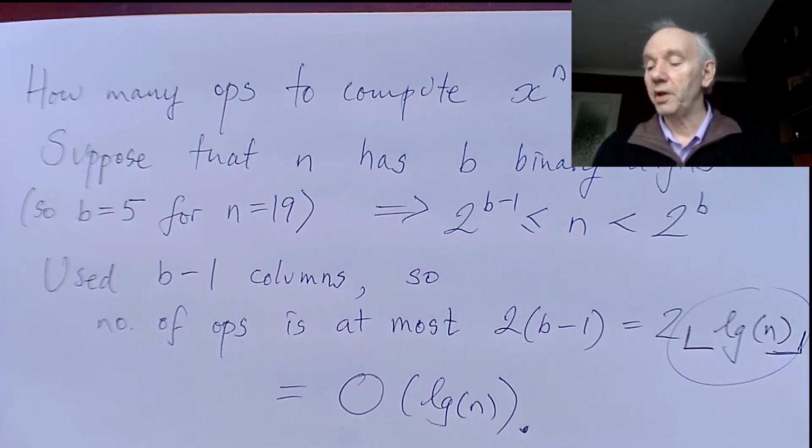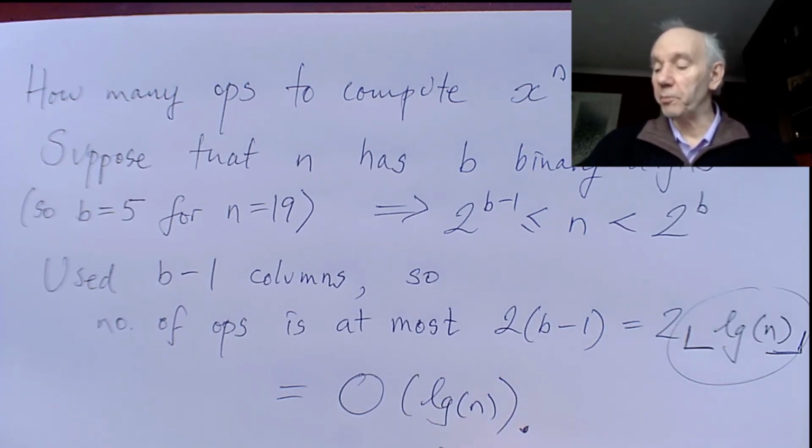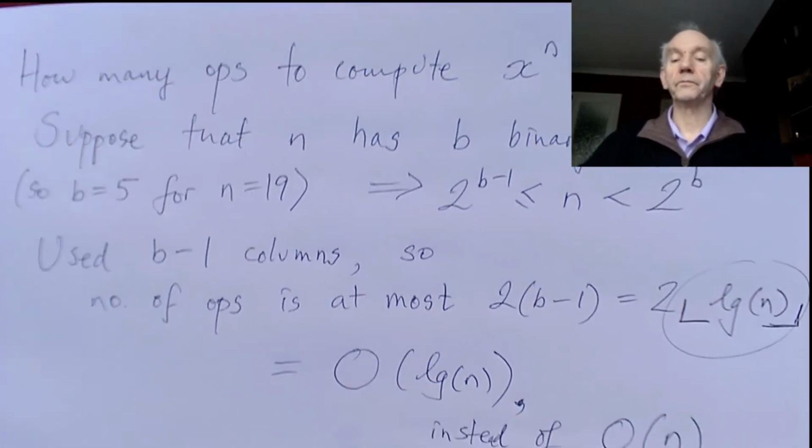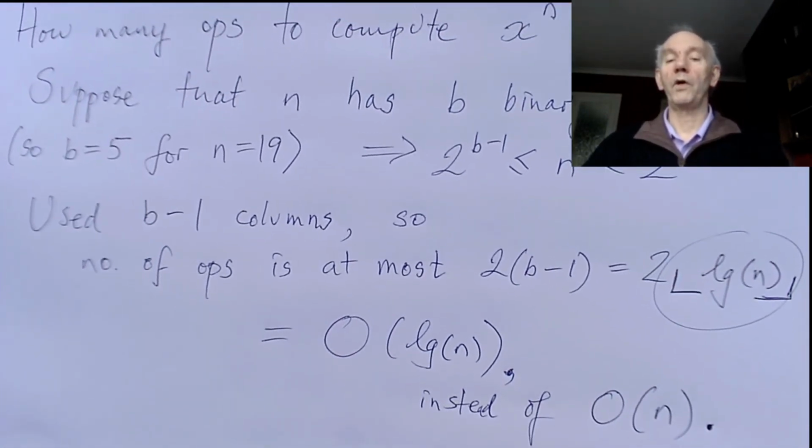This algorithm works on the basis of big O of log n, whereas if we used the iterative procedure of multiplying x by itself, we would need n minus 1 multiplications. That would be big O of n. So this is instead of the more naive algorithm, which would be big O of n, effectively. Okay, I'll stop there.